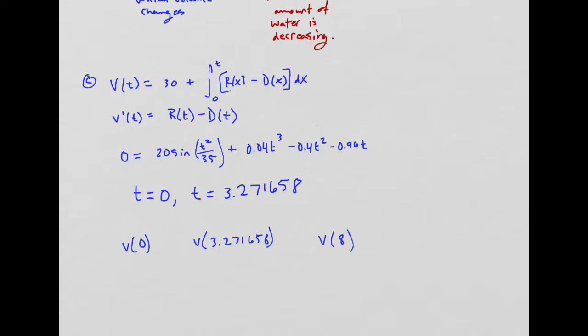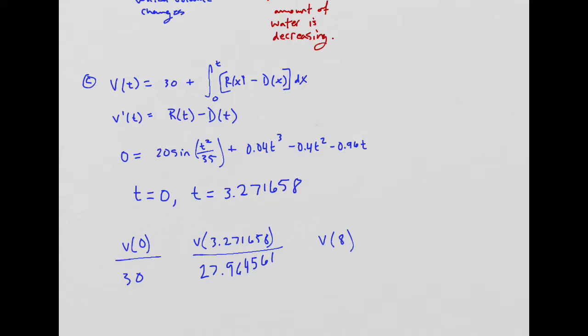So here, you think, wait a minute, what do I do? I can just plug in my t value. Here, I plug in 0. That just gives me 30. That's easy. The area underneath this curve from 0 to 0 is 0, and then plus the 30. For this other number, we can plug that in, take the integral in the calculator, and then add 30.